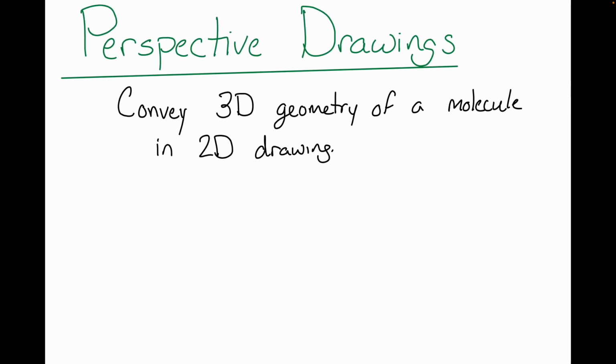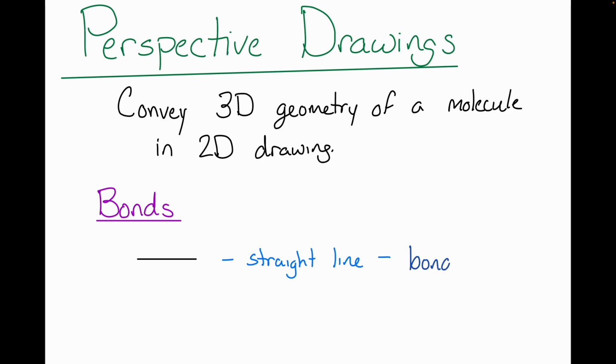And we're going to have a few different types of bonds that we're going to use here. All right, the first are the ones that we already know, our straight line bonds. All right, within our perspective drawings, these are going to represent bonds that are parallel to the plane of the page, which is a fancy way of saying that they're flat.